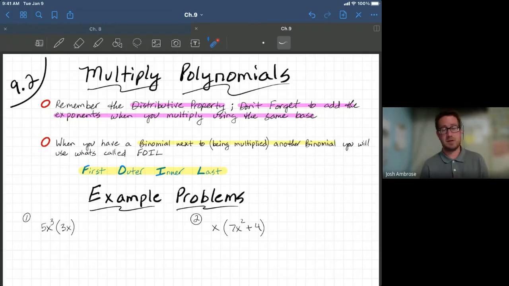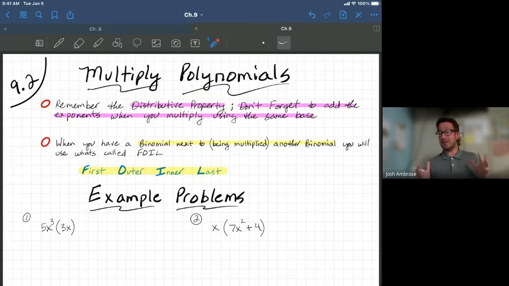This goes back to Chapter 8 stuff. When you're multiplying and you've got the same base, what do you do with those exponents? You add those exponents.